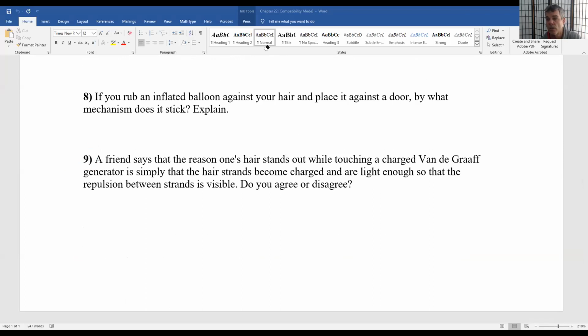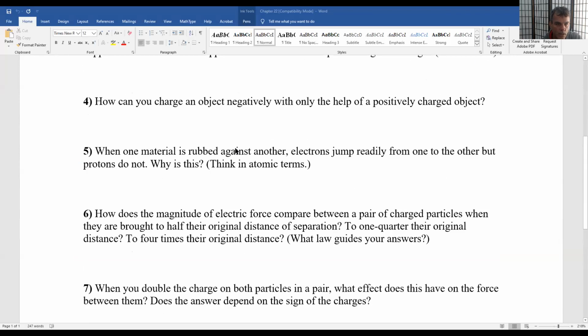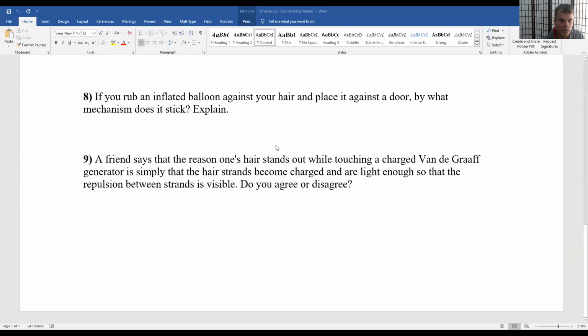So this is charging by induction. We want to know, how can you charge an object negatively with only the help of a positively charged object? So let's say I have a positively charged rod, with a bunch of excess protons.